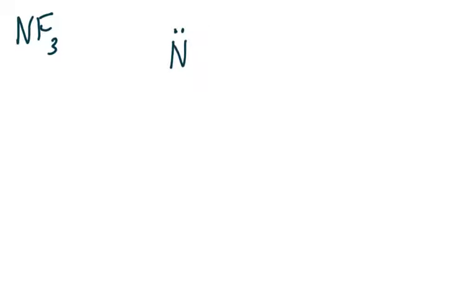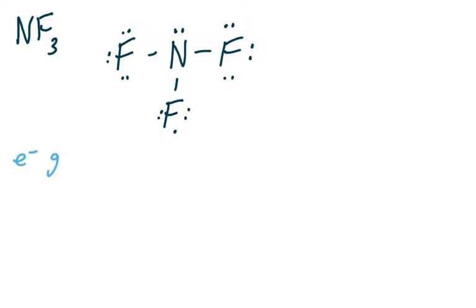Okay, the next one is NF3. And the Lewis structures are given, but it's still good to draw them out for ourselves for practice. Okay, there's NF3. So the electron geometry. How many electron groups are around the central nitrogen? 4, right?